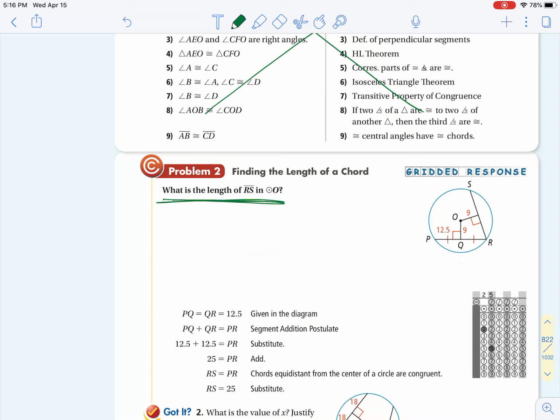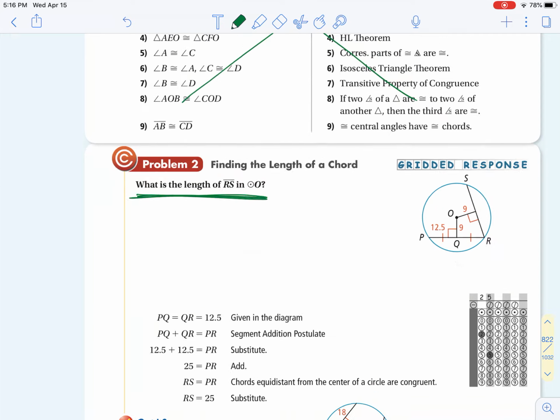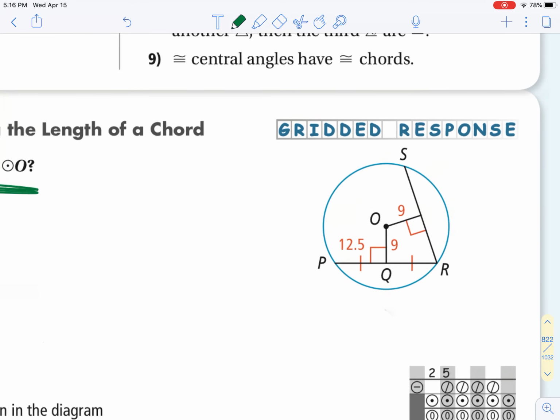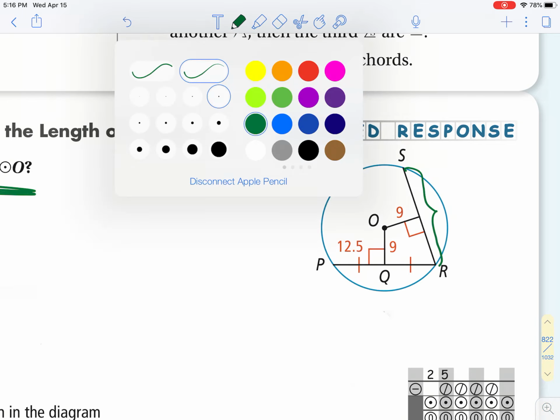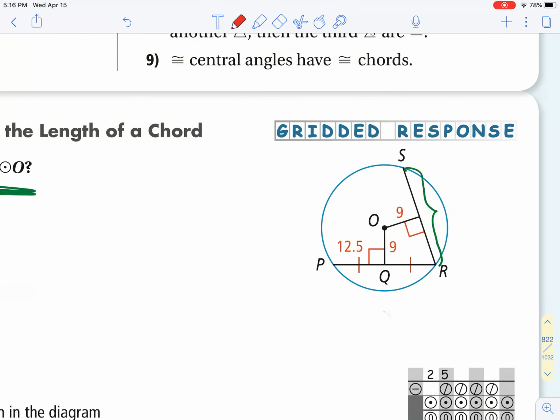It is asking, what is the length of RS and angle R in circle O? So what is the length of that one right there? Let's take a look at some of our rules. First of all, we know that this one is 12.5 and obviously that one is 12.5 because of these little indicator marks.